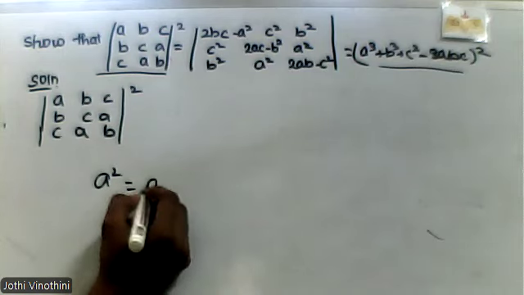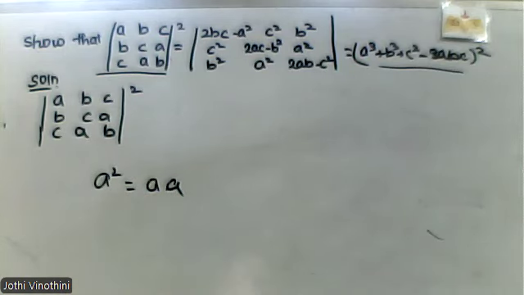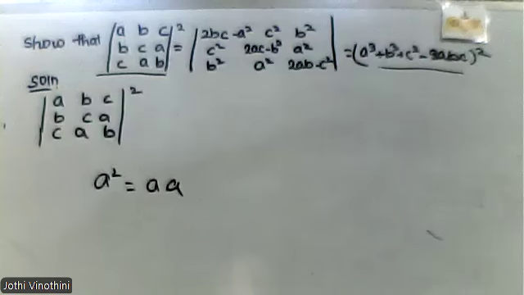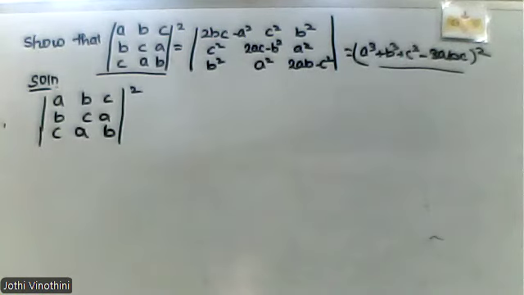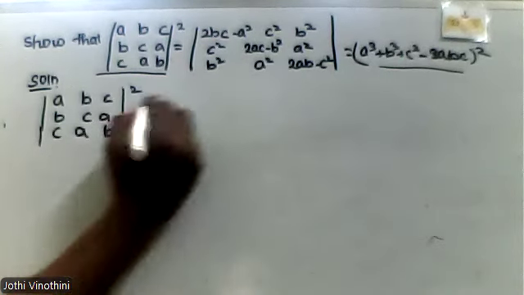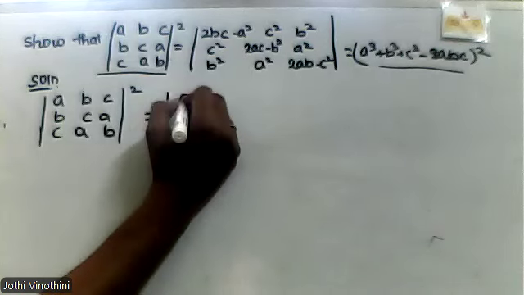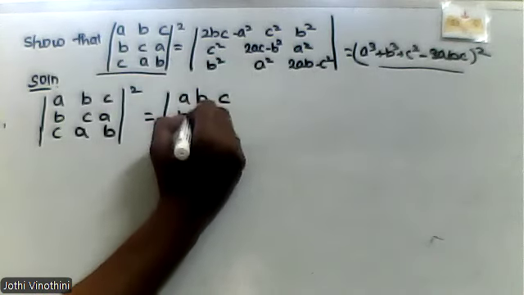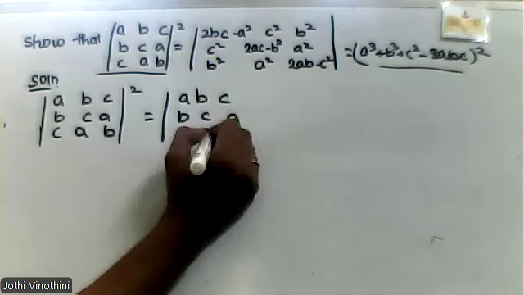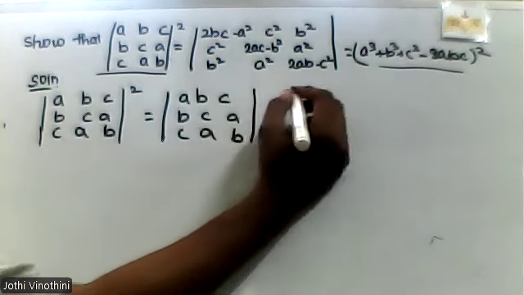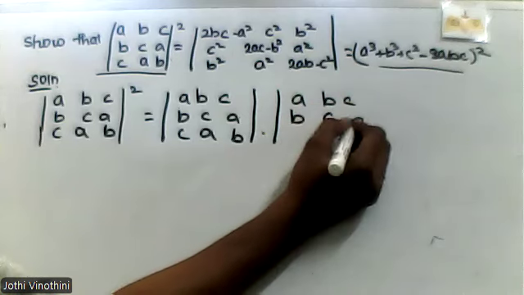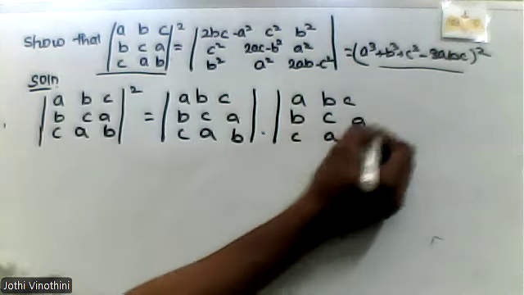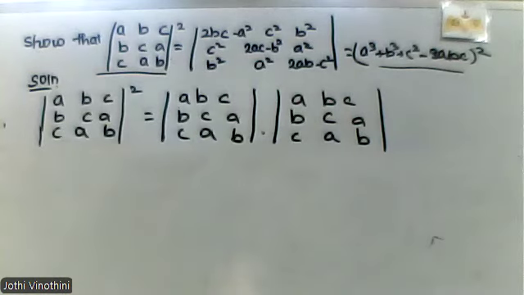We will expand it as A multiplied by A. Now I am also going to do the same thing. I am going to write A, B, C; B, C, A; C, A, B multiplied by A, B, C; B, C, A; and C, A, B. Clear?